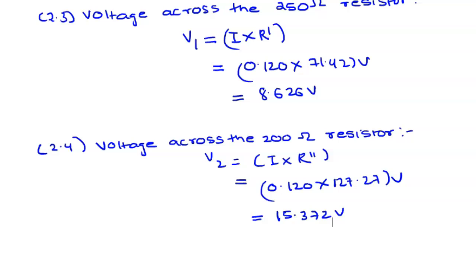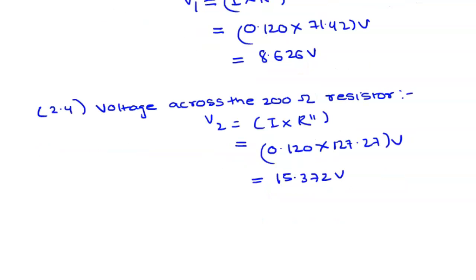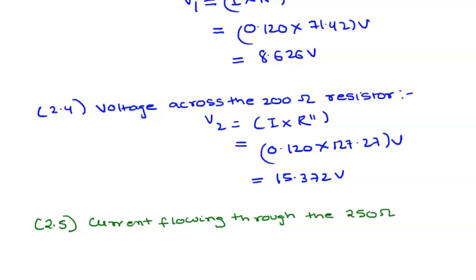Now we'll move on to the final part of this question. In the final part, we are asked to find out the current flowing through the 250 ohm resistance.